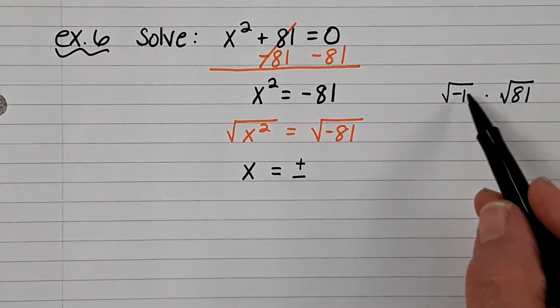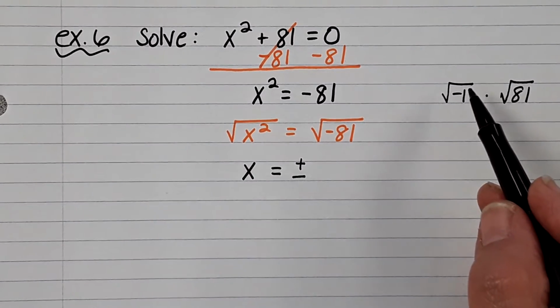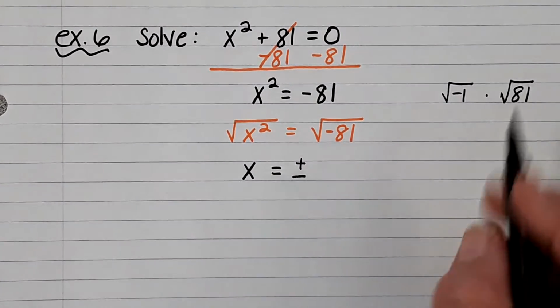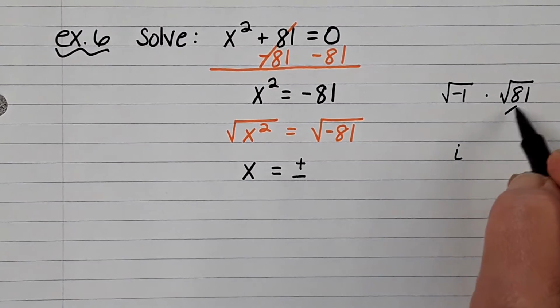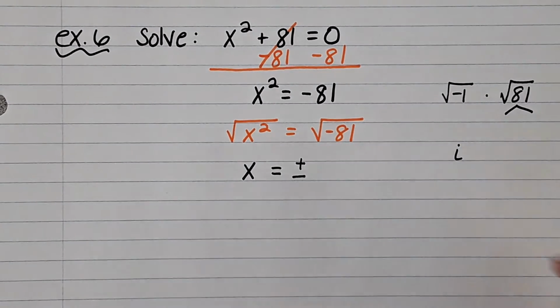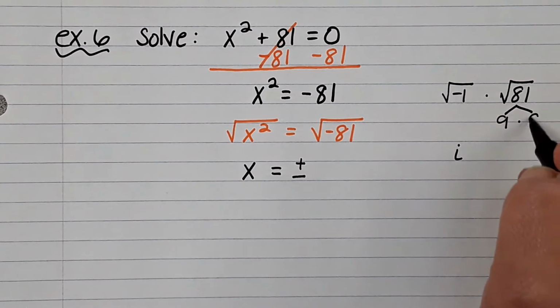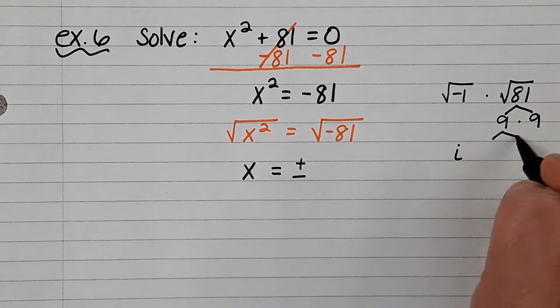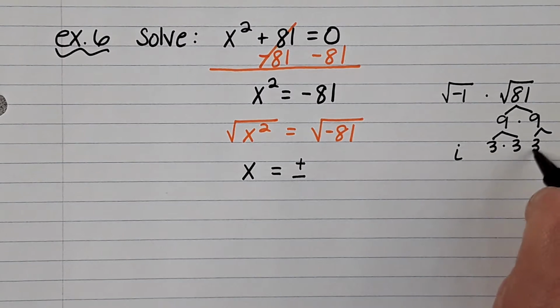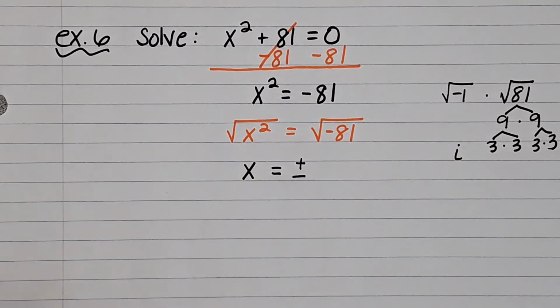What is the square root of negative 1? i. So I'm going to put an i down here. What are two numbers you can multiply to get 81? 9 and 9. What are two numbers you can multiply to get 9? 3.